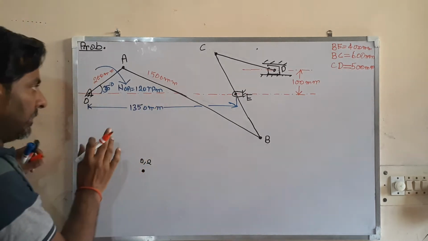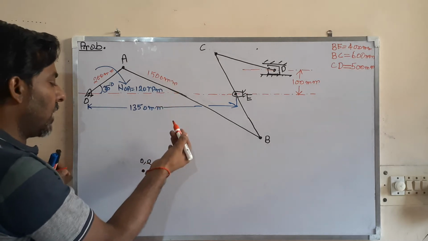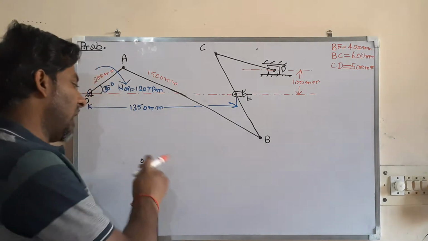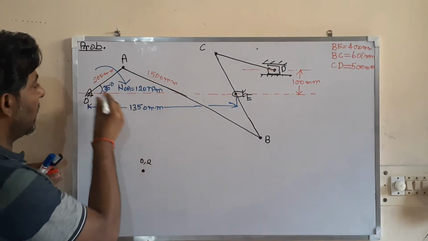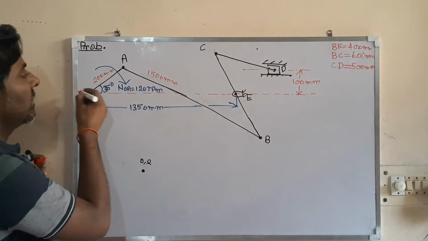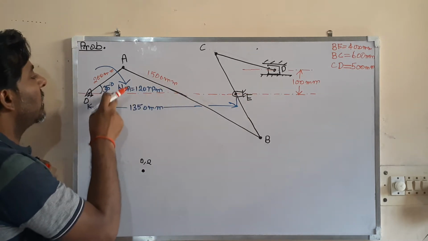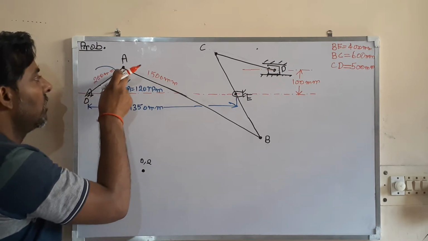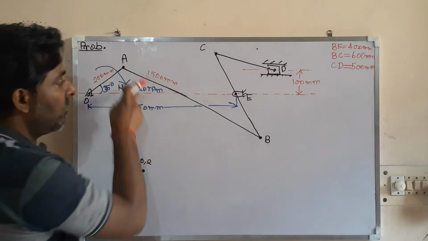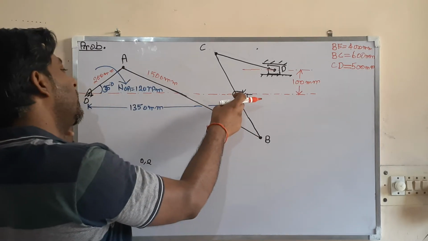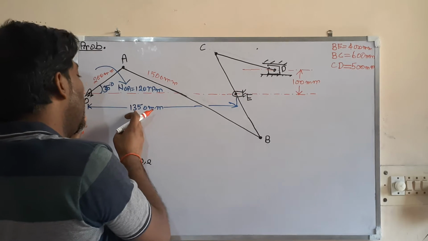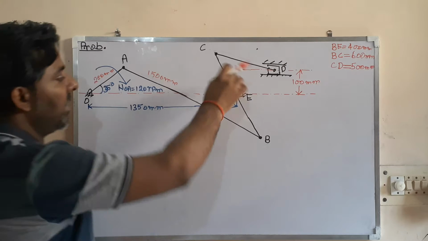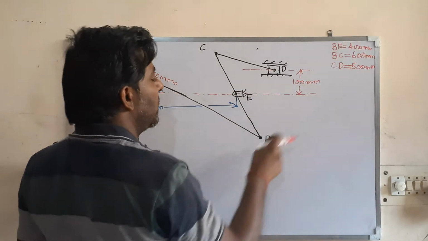So this configuration diagram can be drawn. First of all, you take some suitable scale and draw the configuration diagram. First you draw a horizontal line, then you take point O, at 35 degree make a line, cut it 200 mm in scale. So you have got the point A. Then point E can be fixed at 1350 mm distance, and from this E you can cut 400.